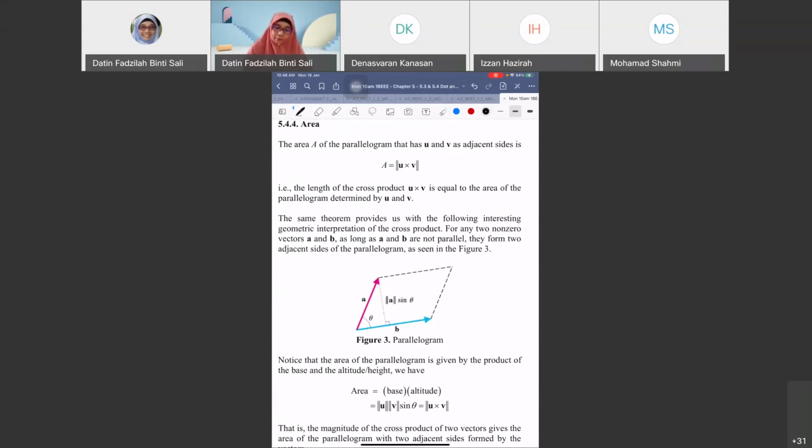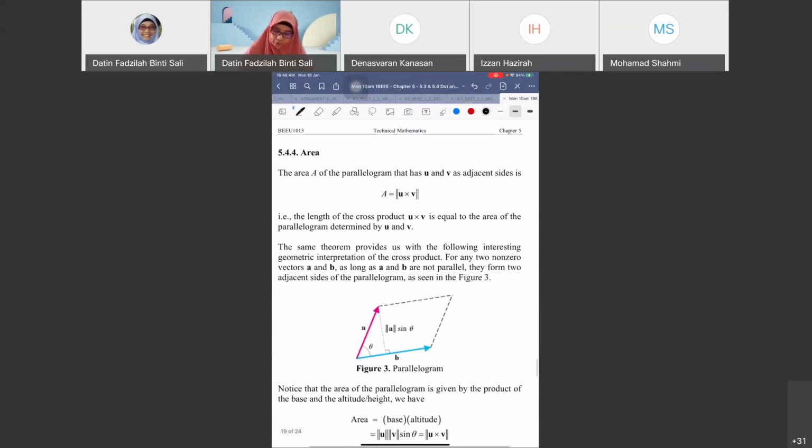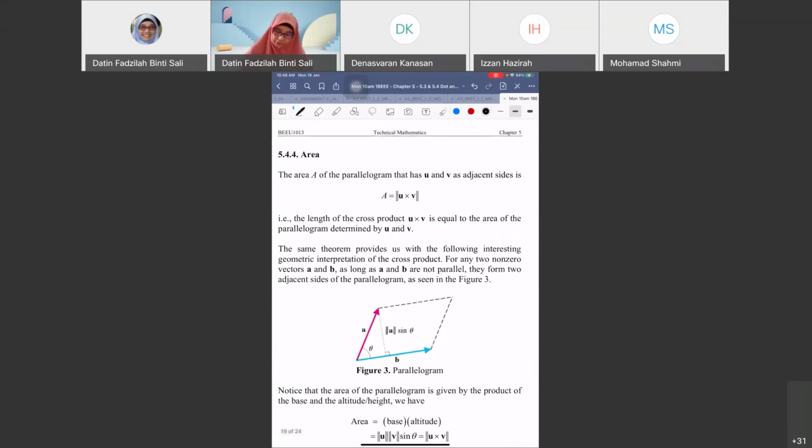Now, if you have the diagram from just now, there is another formula for the area that you can find using the cross product when dealing with vectors. Look at this figure 3.